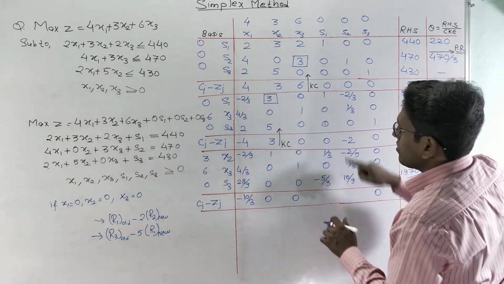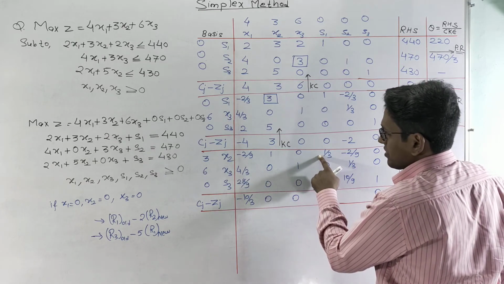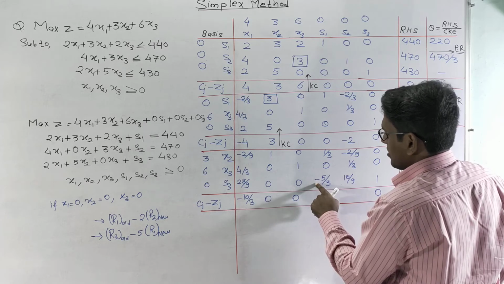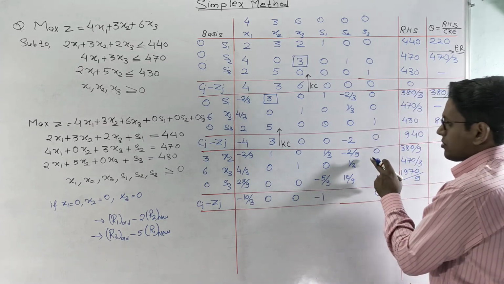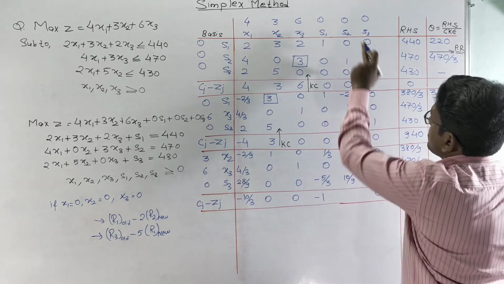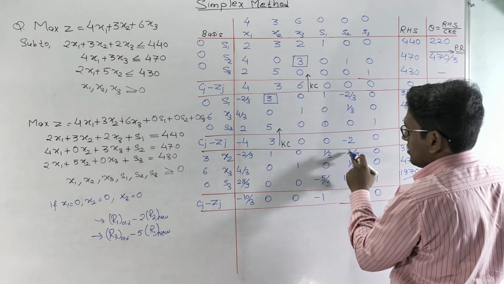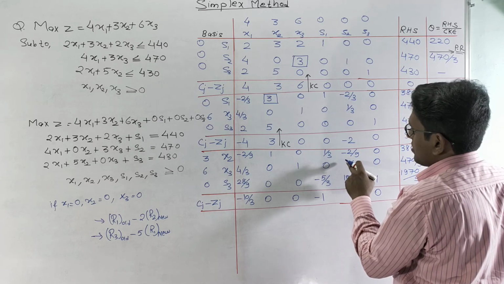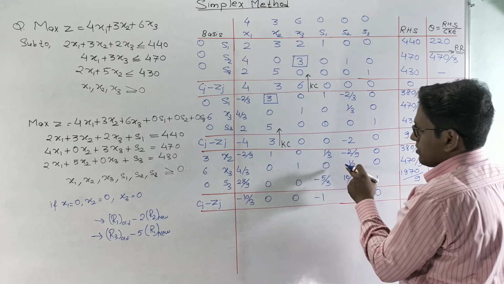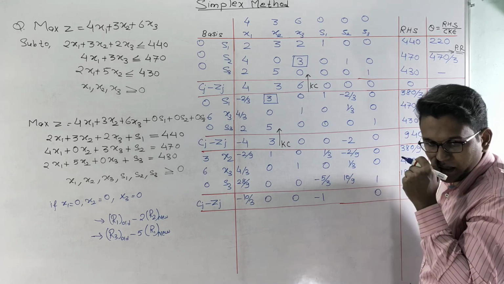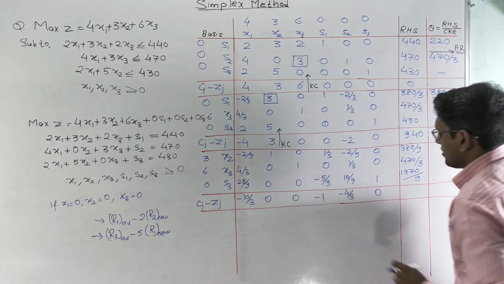Now this will be 0 minus of this will be 3 by 3 minus 0. 3 by 3 is 1 and minus 1. Similarly here 0 minus of this is minus 2 by 3 plus 2 by 3 to the 6, and this will come as minus 4 by 3.